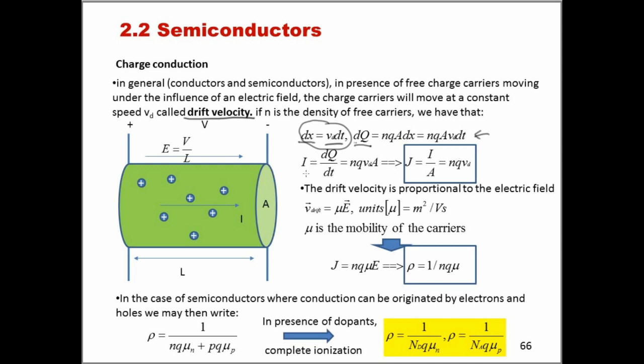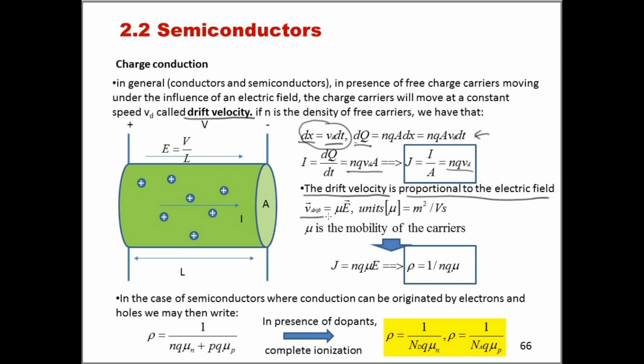So we can now calculate the current flowing through the material simply by taking dq over dt, and from the formula above we obtain that this is actually equal to n q Vd times A. And if we calculate the current density, it simplifies even further and becomes this formula here, n times q times Vd. Now it can be demonstrated that the drift velocity is actually proportional to the electric field.